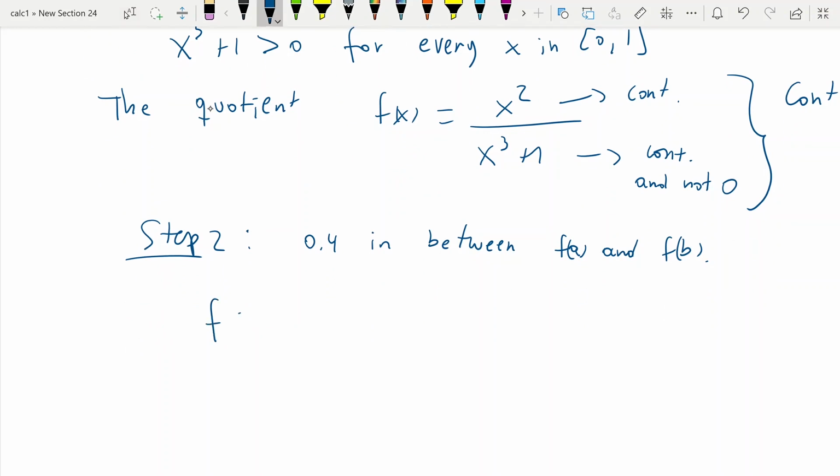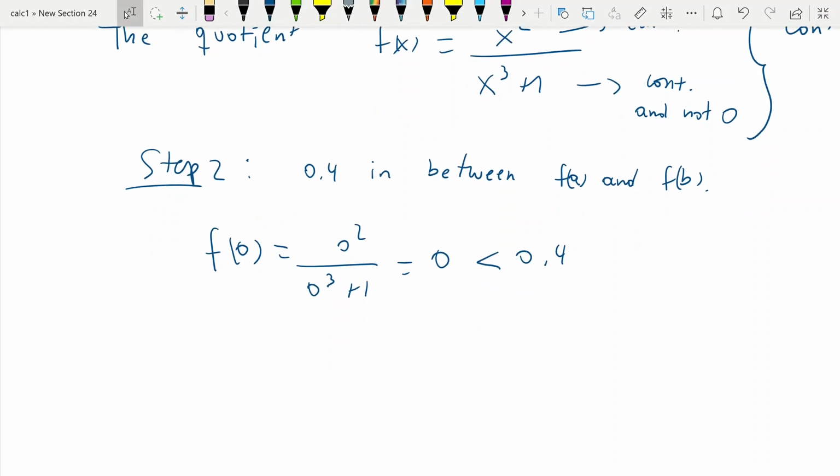So f of 0, remember that a is equal to 0 in this case, is equal to 0 squared over 0 cubed plus 1, which is just 0. And this is less than 0.4. Now, what about f of b, or f of 1? Because that's what b is equal to, it will be 1 squared over 1 cubed plus 1, which is 1/2.